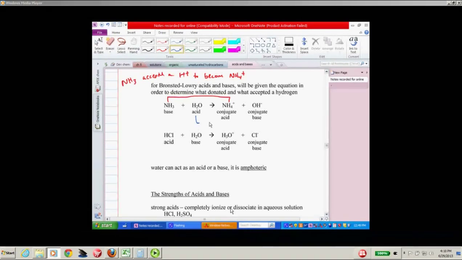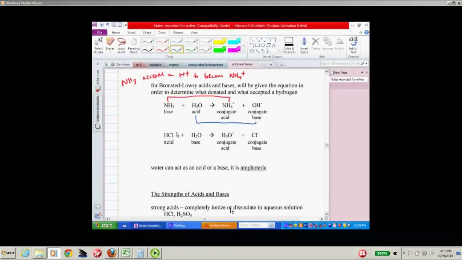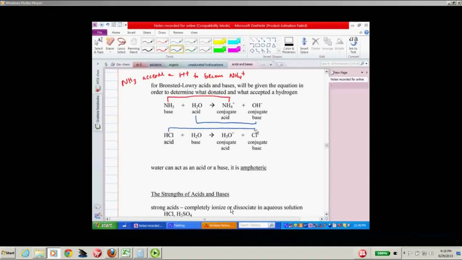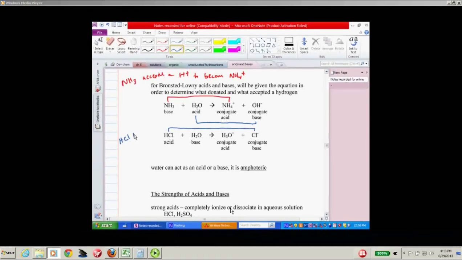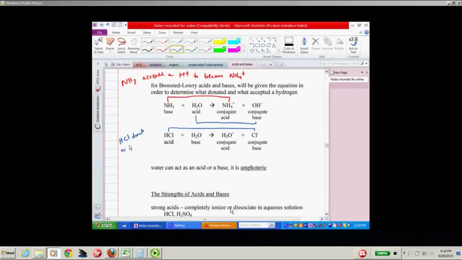That's what made NH3 the base. And water donated a hydrogen, so it's the acid. Down in the other one, HCl donates the hydrogen, so it's the acid. And H2O, with H3O+, is accepting a hydrogen, so water in that instance is the base.